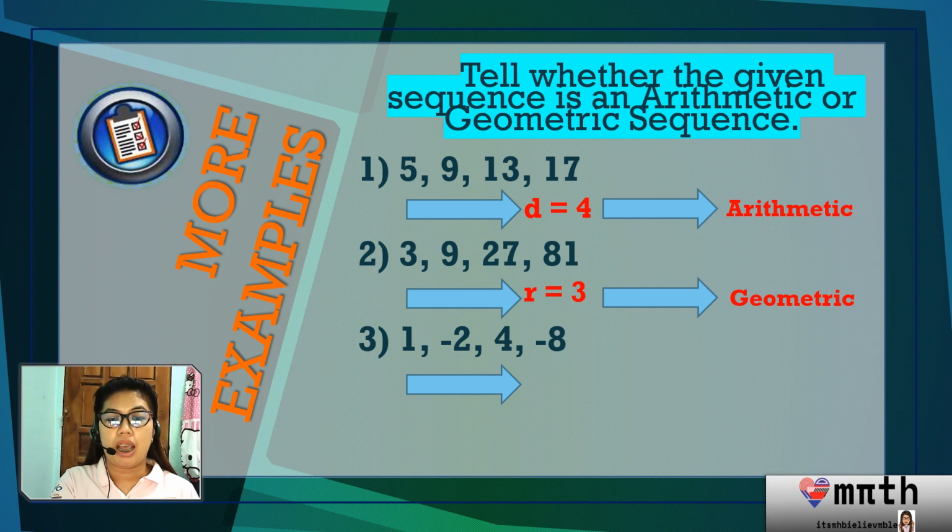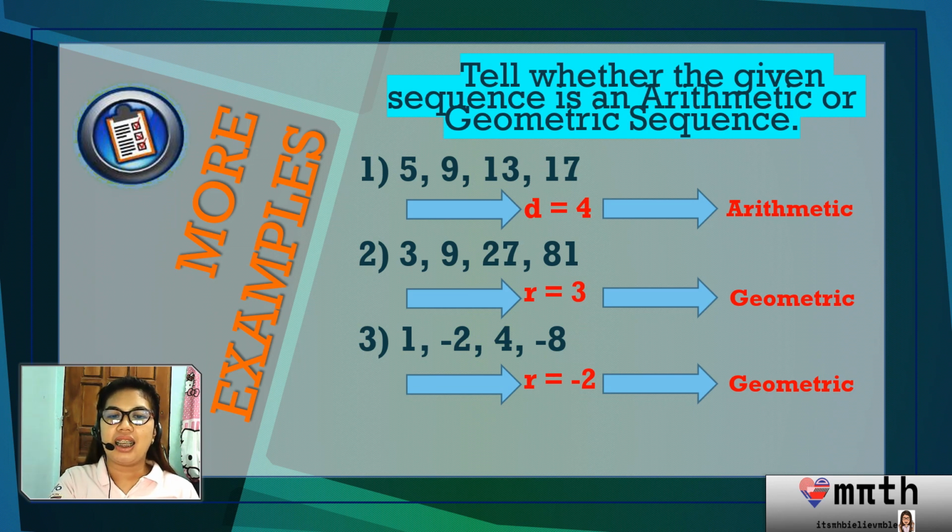That will be negative 2. 4 divided by negative 2, that is also negative 2. Then negative 2 divided by 1, that is also negative 2. So we can say we have a common ratio of negative 2, and having a common ratio, we can say that this sequence is a geometric sequence.